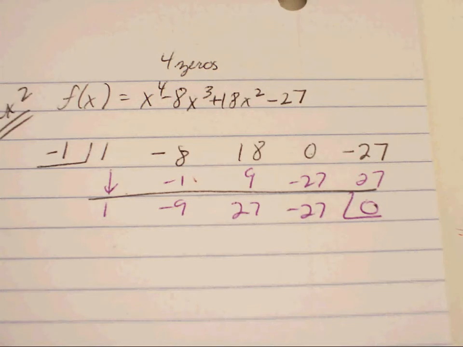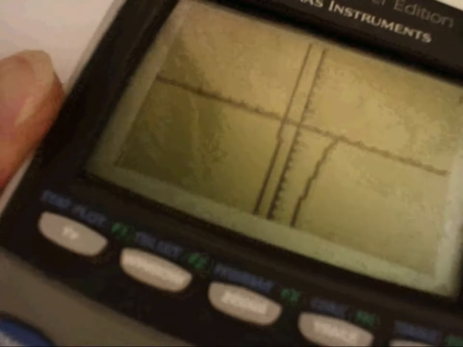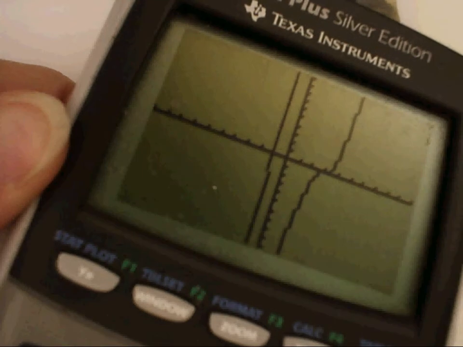If it is, how do you know? Yes or no? Is -1 a 0 that we can turn into a factor? I heard yes, lots of yeses. How do you know? Good, because the 0 remainder. Perfect.